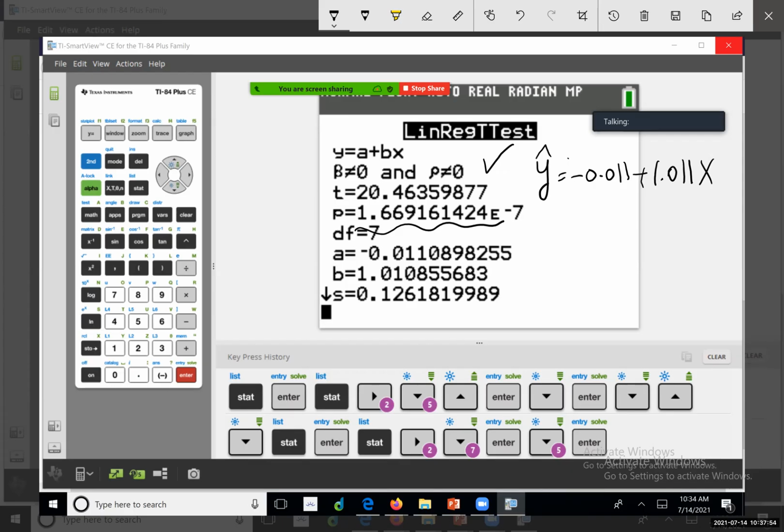Now x is pizza, because that's what we put in for L1, and y is subway fare. If the cost of pizza is $3, since it's a good prediction, you substitute it. Otherwise, you would have used the sample mean for y. So now it's okay to substitute 3. Tell me what is going to be y hat.